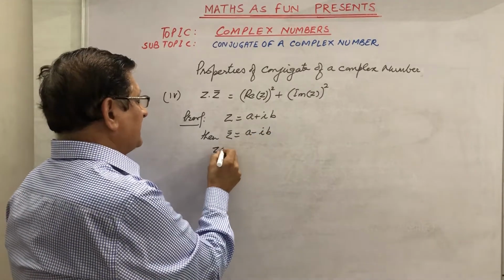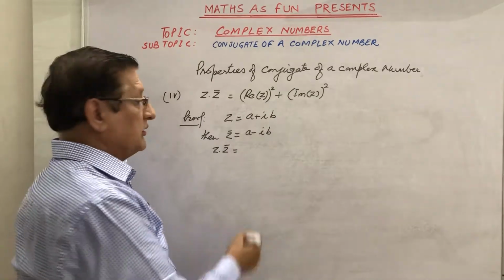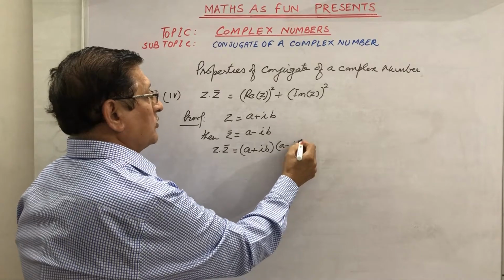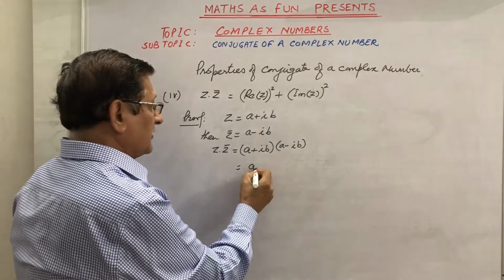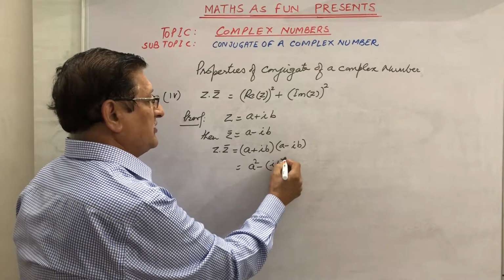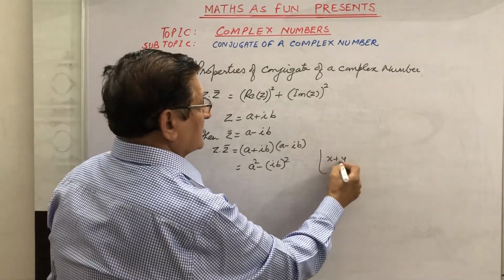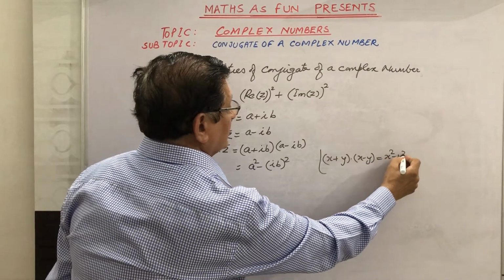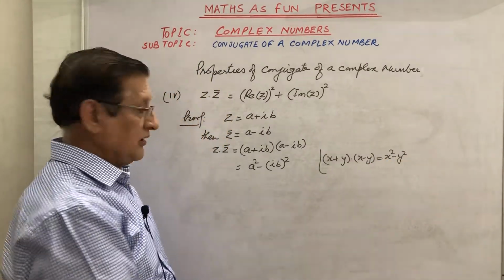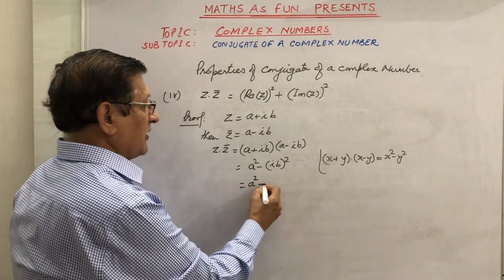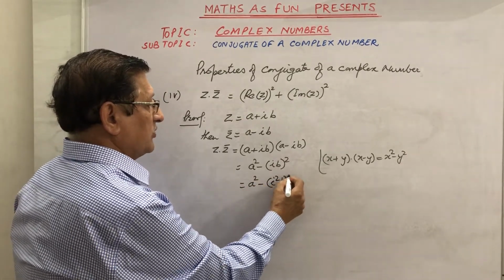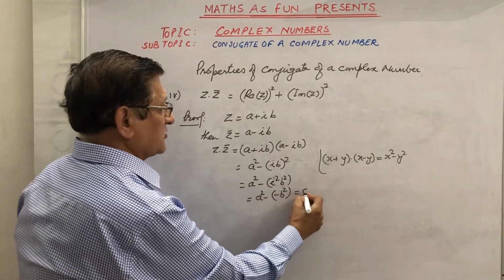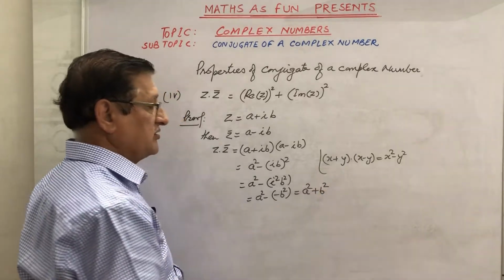If we multiply z with z bar, that is a plus iota b into a minus iota b, we can write this as a square minus iota b square, because we know the formula x plus y into x minus y is equal to x square minus y square. That is a square minus iota square b square, and that can be written as a square minus minus b square, which is a square plus b square.